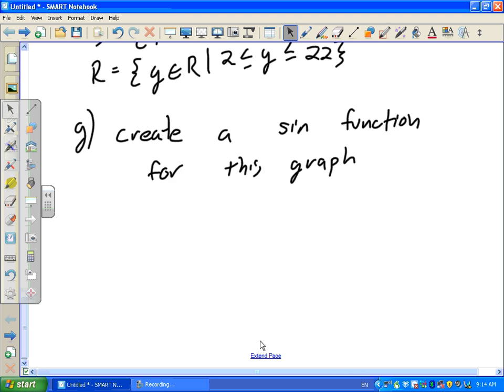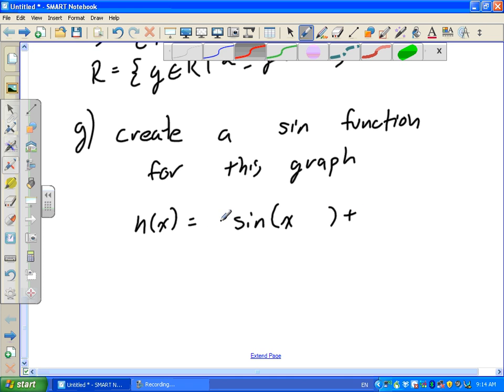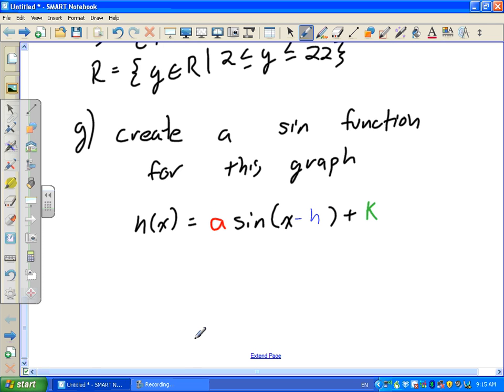So in other words, it needs to say f of x or h of x because it's technically height equals sine x and k. We need some function like that.